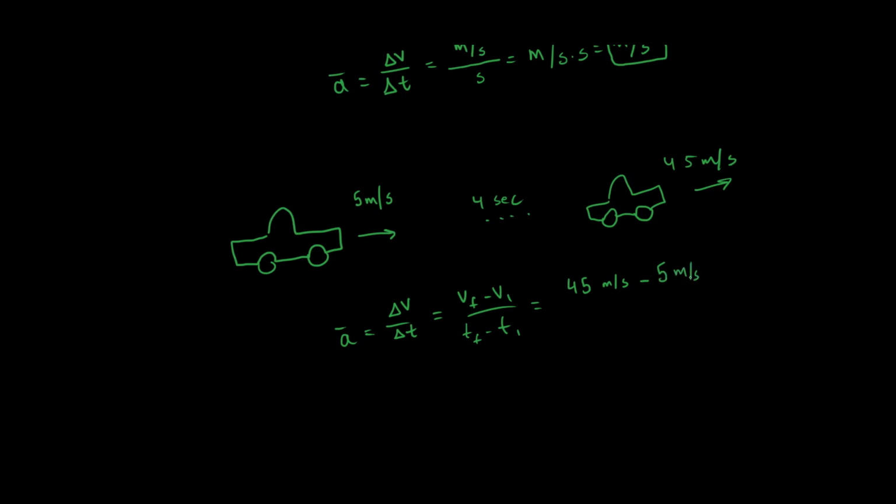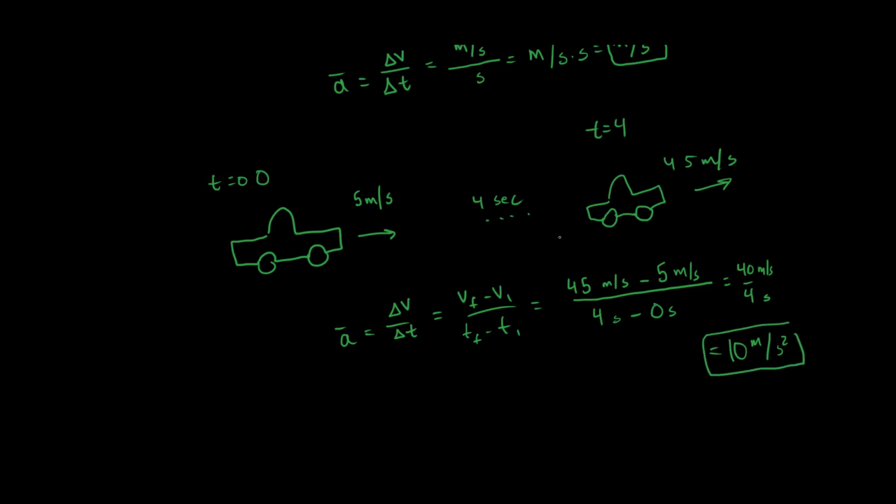Divided by, what's my change in time? Well, assuming we started at this position at time equals 0, right here we're at time equals 4 since 4 seconds have passed. So I can say my time final is 4 seconds minus 0 seconds. What does this give us? This gives us 40 over 4, so 40 meters per second over 4 seconds, or 10 meters per second squared.